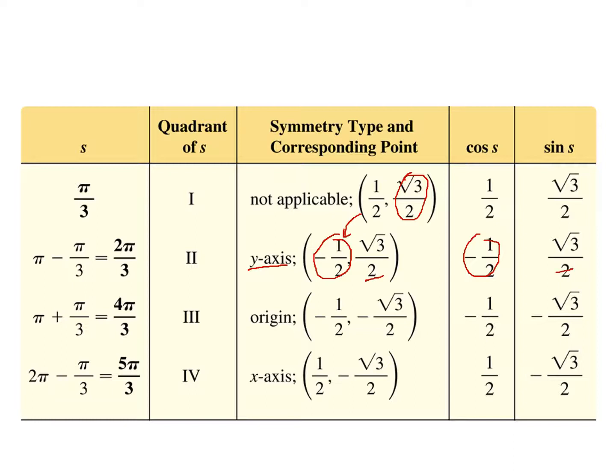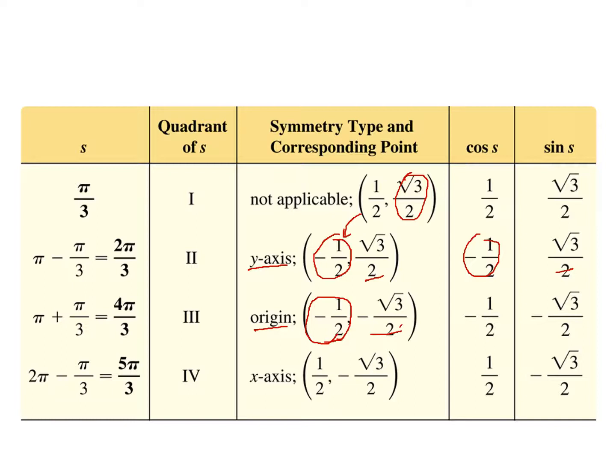In the third quadrant, that's the same thing as pi plus pi over 3, or 4 pi over 3. It has origin symmetry, and so the 1/2 becomes minus 1/2, and square root of 3 over 2 becomes minus square root of 3 over 2. So the cosine of 4 pi over 3 is minus 1/2, while the sine of 4 pi over 3 is minus square root of 3 over 2.